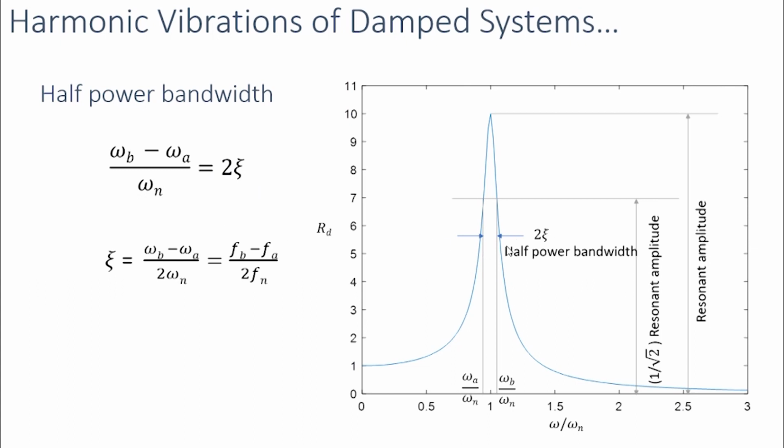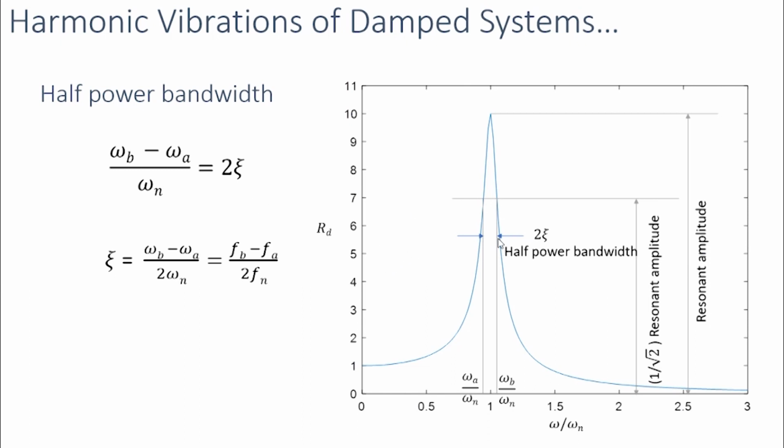This is called half power bandwidth because the power in a system is proportional to the square of its displacement. Here these frequencies correspond to 1 by root 2 of the displacement amplitude, so the power corresponds to half that of the power at resonance. So this is called half power bandwidth.